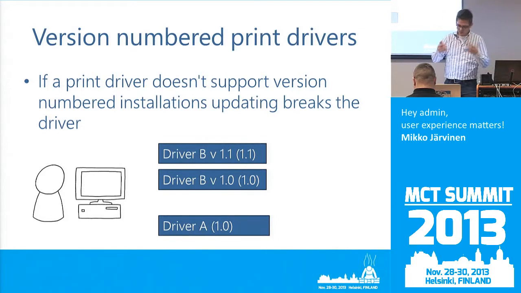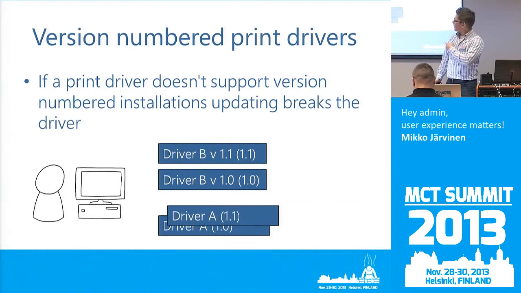The user or the computer begins to use it, and the old driver stays in the computer, but it just works. But then the driver A has a new version, and it is copied over the older version, and some files are maybe locked, and some really amazing things happen. When you go to print preferences and you click the tabs, they just disappear, or some text is missing. So this is not working, but this is what some vendors do.